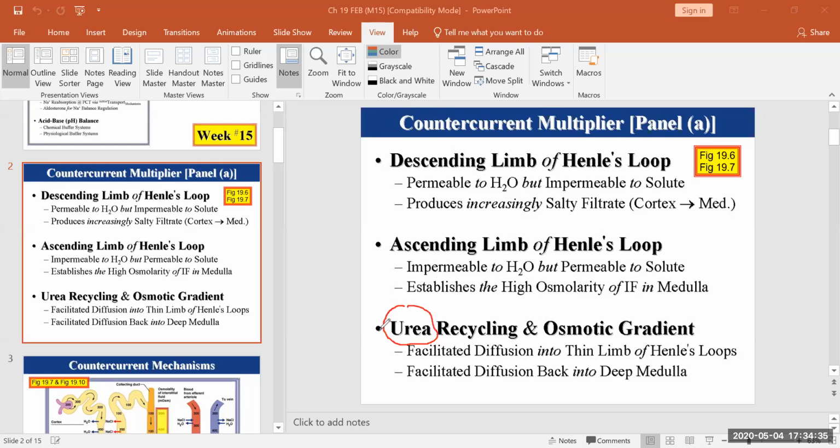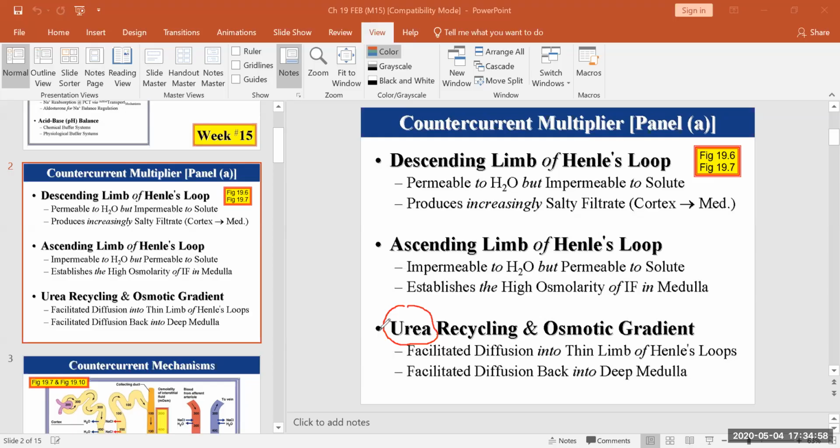UT stands for urea transporter, okay? Even in the collecting duct where you have urine, urea can leave the collecting duct and move back into the renal medulla through the UTA, urea transporter type A.